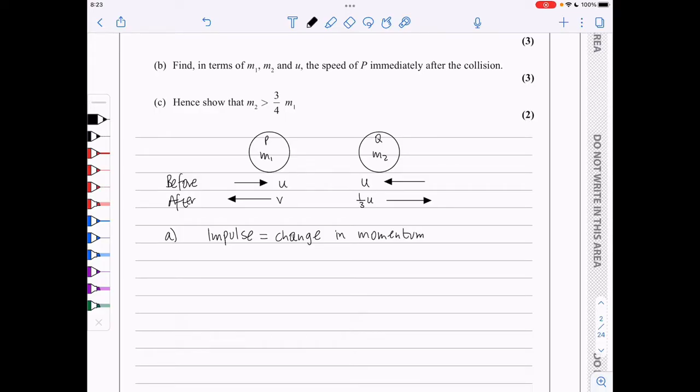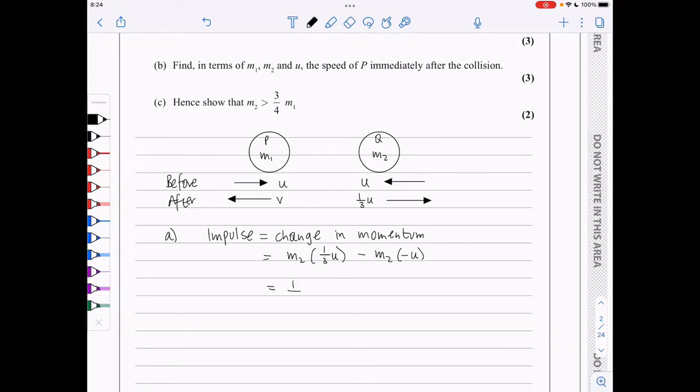So we will be considering Q in order to obtain an expression in terms of M2 and U. The momentum after is m2 times a third u. I'm taking the direction to the right to be the positive direction here, obviously, minus the momentum before, which is m2 times the negative u, because it's in the opposite direction.